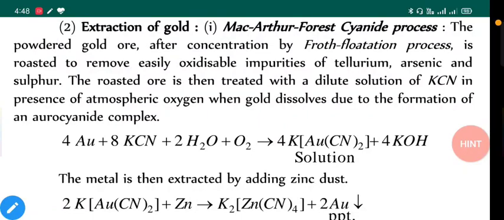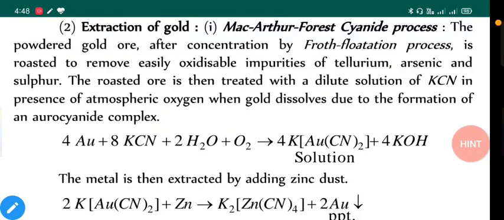In the first step we get rid of certain impurities which are not soluble, and that's why we get a purified compound of our metal. Then we have to obtain the metal from the compound form. That's why we carry out the reduction process, which gives us metallic gold, which is insoluble. As mentioned, the powdered gold ore after concentration by froth flotation is roasted to remove easily oxidizable impurities of tellurium, arsenic and sulfur.